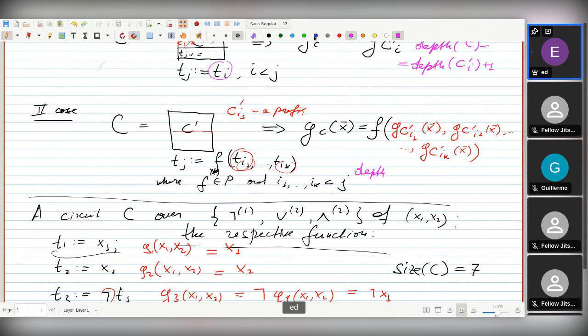The depth of this node, where we have f applied to some previously defined values. What is it? The depth of this circuit will be 1 plus the maximum of the depths of C prime I1 and so on.